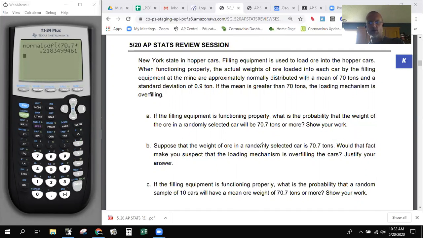Let's look at number 2. Suppose that the weight of an ore of a randomly selected car is 70.7 tons. Would that fact make you suspect that it's overloading? Justify your answer.